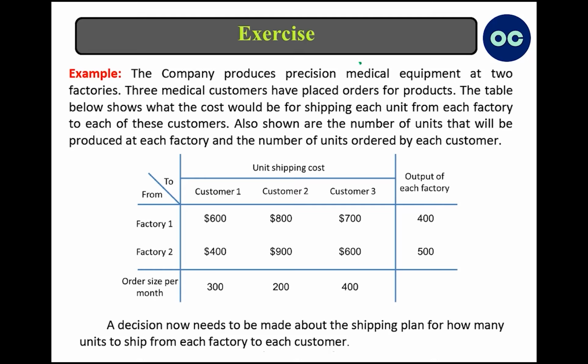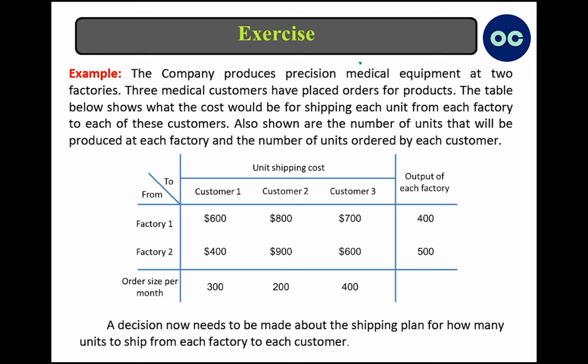This is a very well-known example in operations research, which is called the transportation problem. A company produces medical equipment at two factories and has received orders from three medical customers.